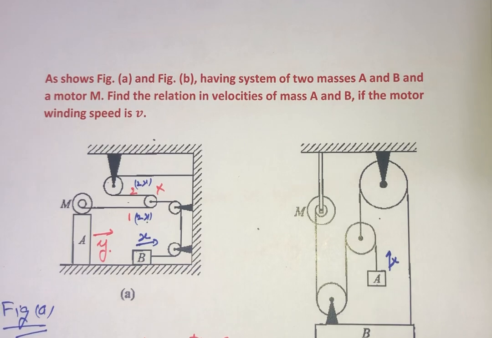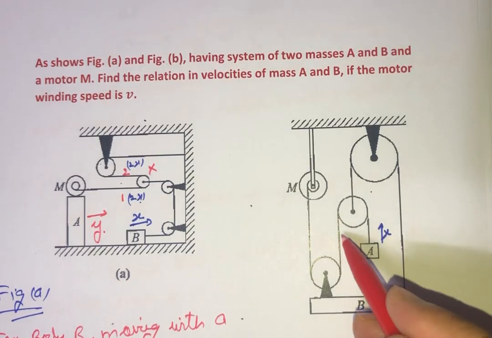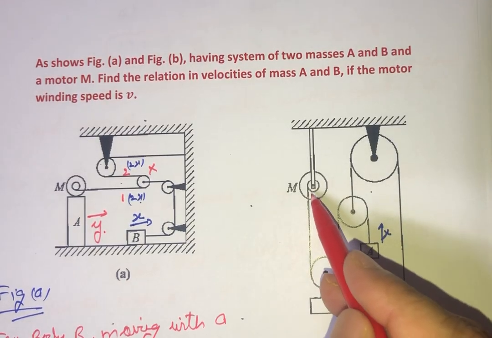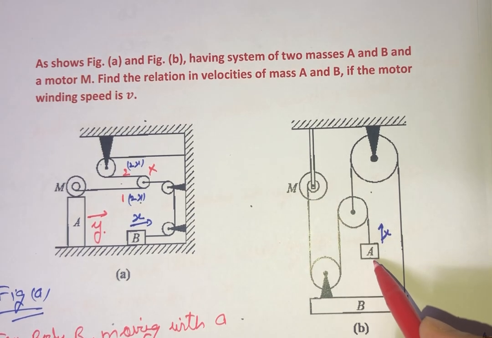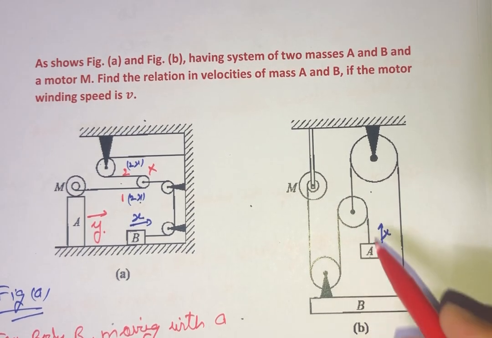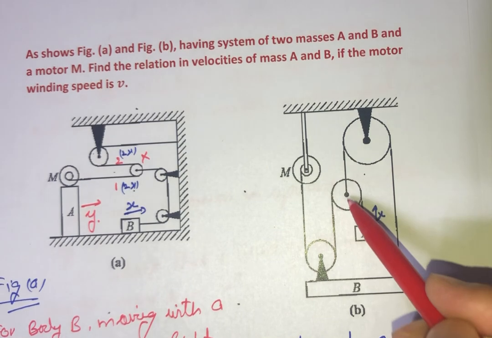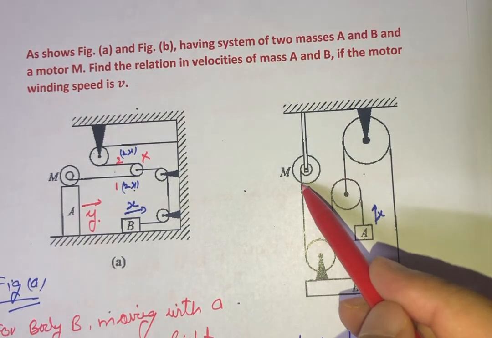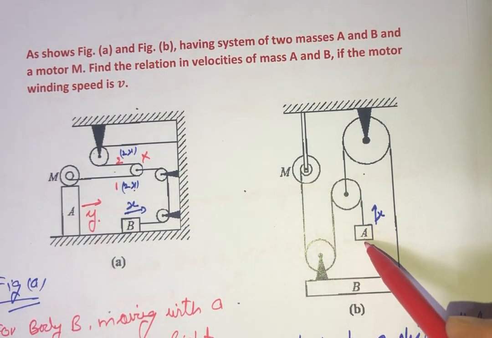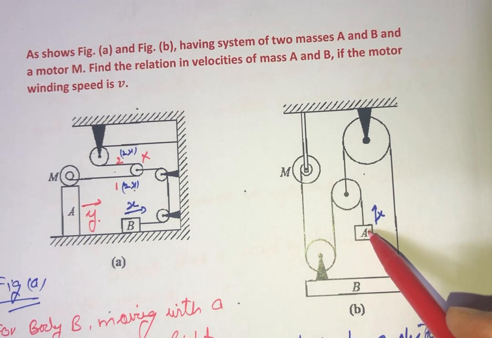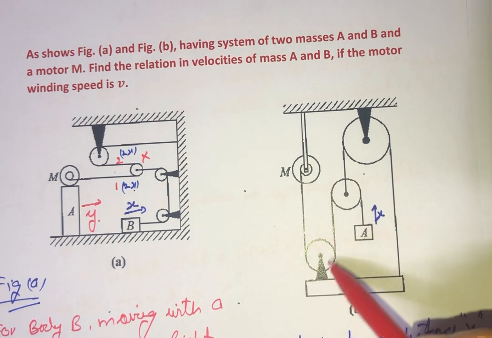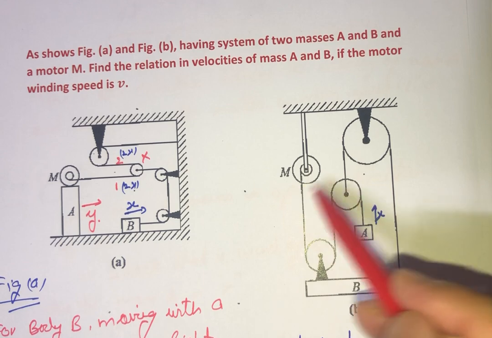Because of this, the entire slack wound by the motor because of A will be equal to x. We are not interested in how this pulley moves up and down, because the motor is connected directly to mass A, so the entire slack of x will be transferred to the motor directly.